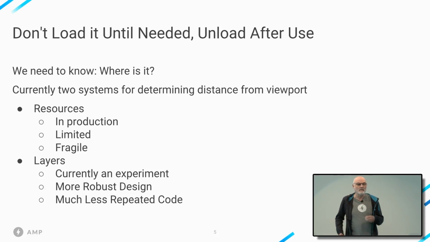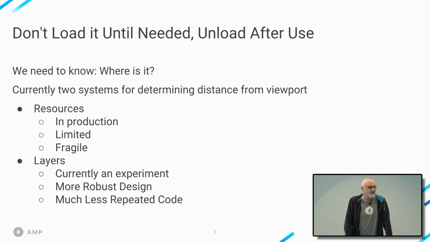There's the current one, resources, which is a naive measurement. It's sort of pixels from top left on the screen, and that's used to figure out where you are and whether you're coming into the viewport. It's kind of fragile. And when you start getting into complex things, particularly with horizontal scroll, it behaves in weird ways. So it's going away.